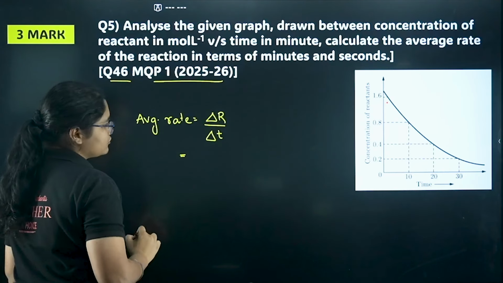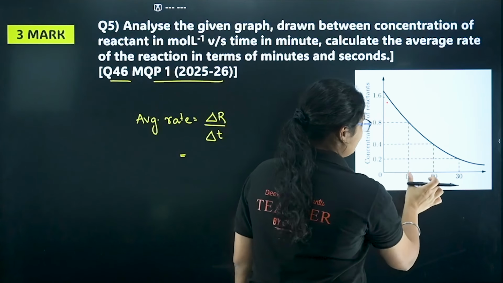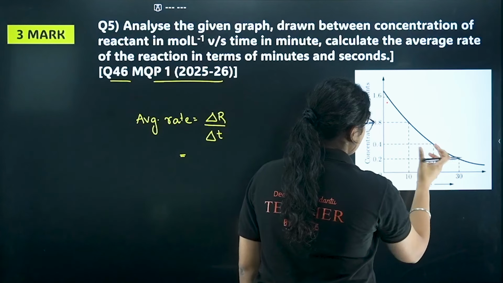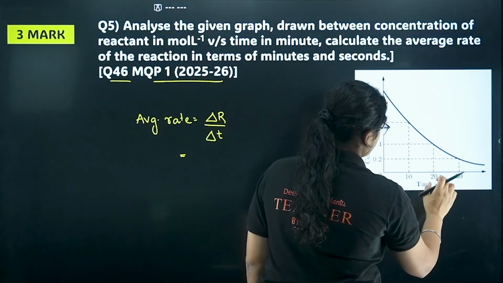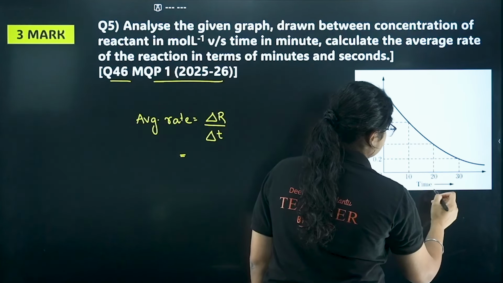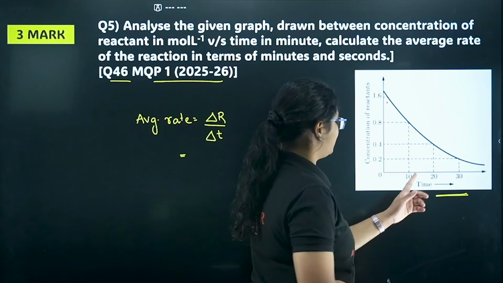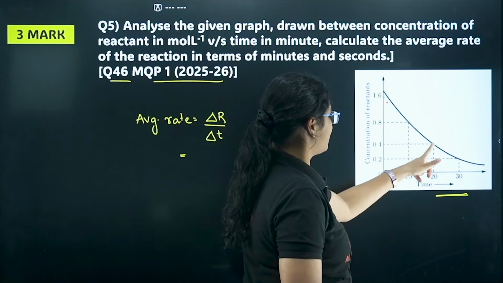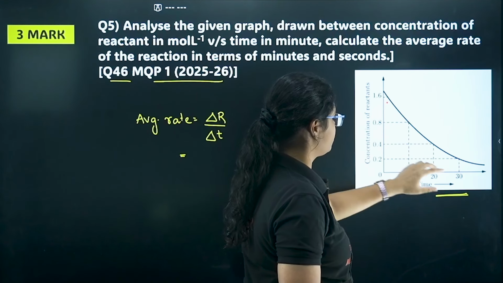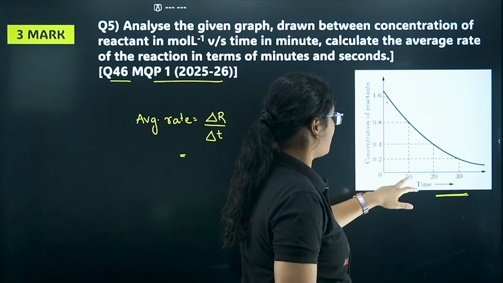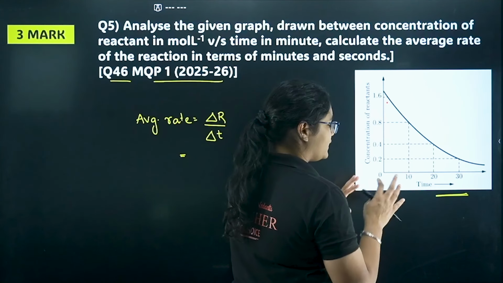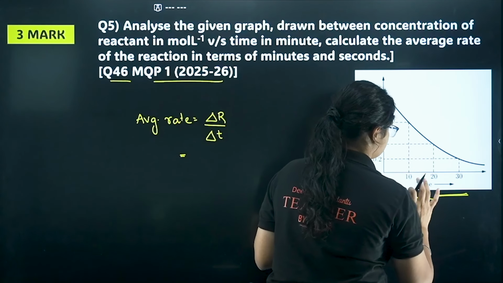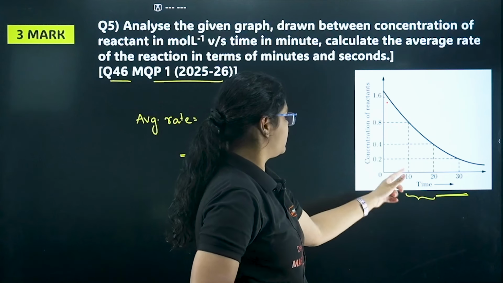Now suppose I consider this interval, 20 to 30. At 20 it is 0.4 and at 30 it is 0.2, or you can take any interval, because the interval is only 10 minutes. So let me just calculate this one.